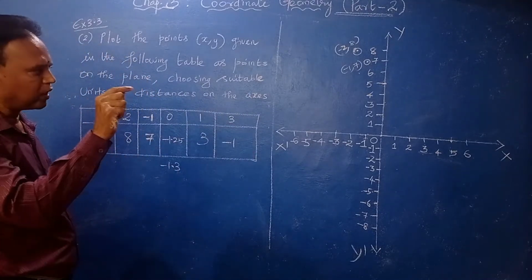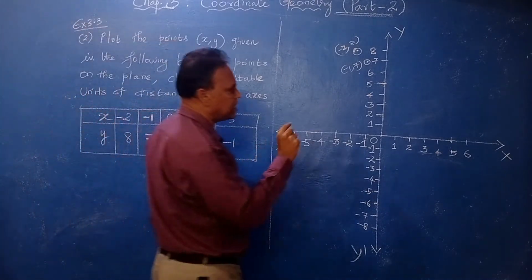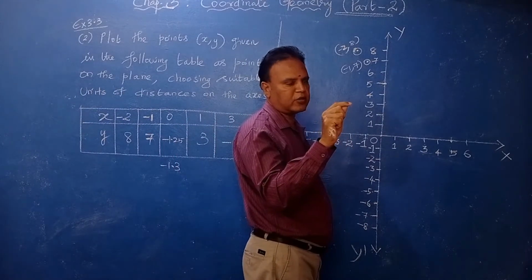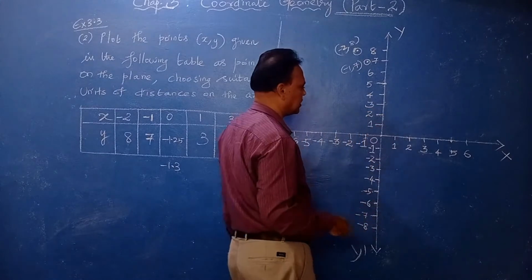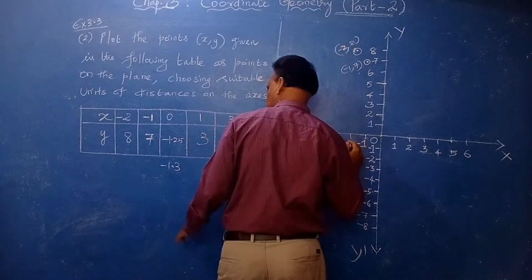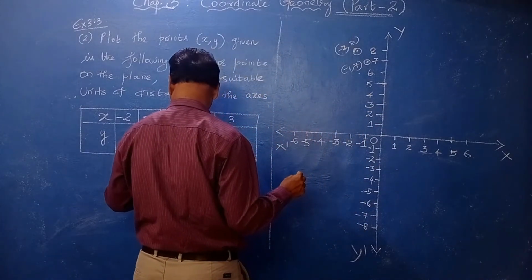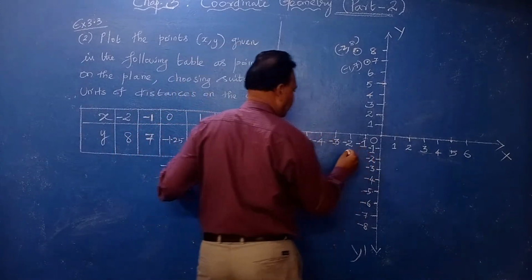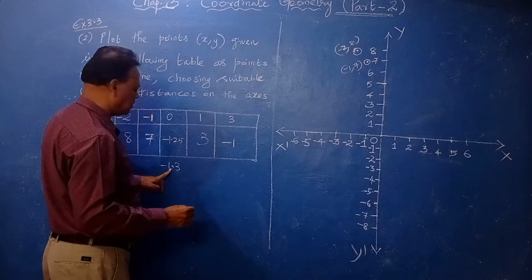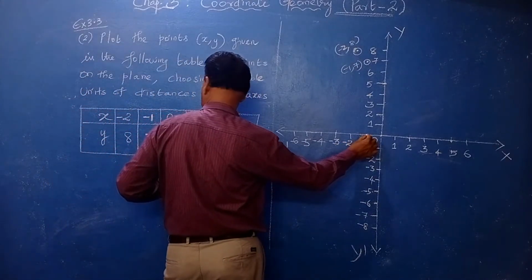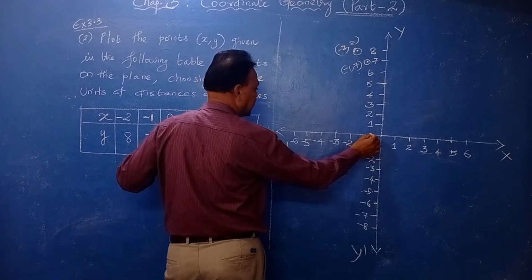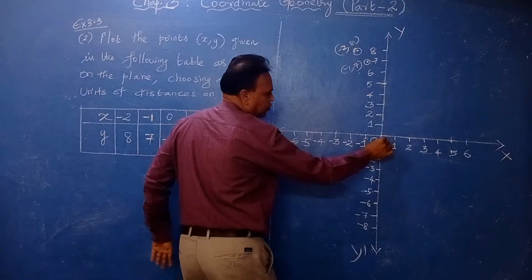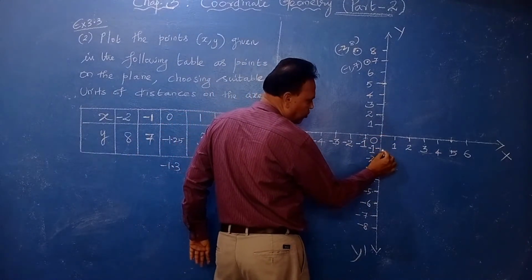In the graph, you have 10 small divisions for 1 unit. So 1 small division is 0.1, like that you have to take. That is minus 1.3. X is 0, y is minus 1.3. On the y axis, minus 1 is here, so 10 small divisions.